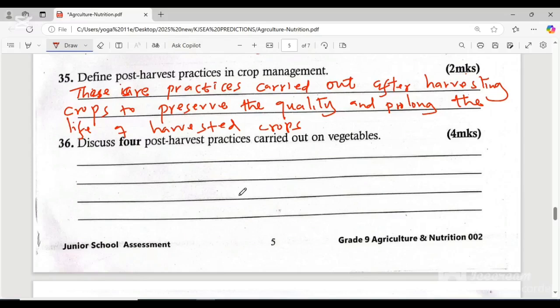So those are the practices discussed. Sorting, grading, packing.